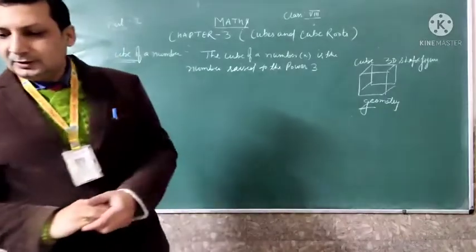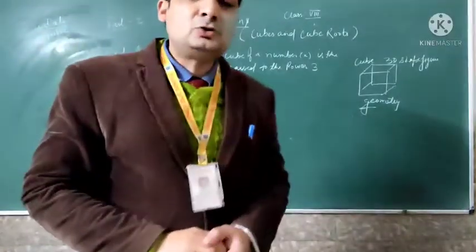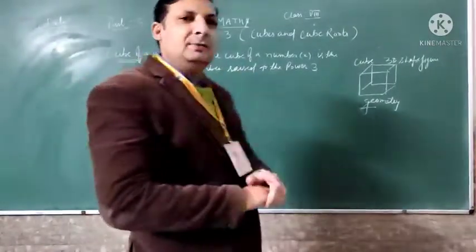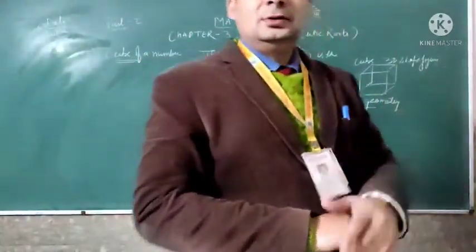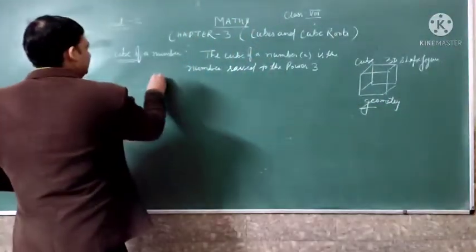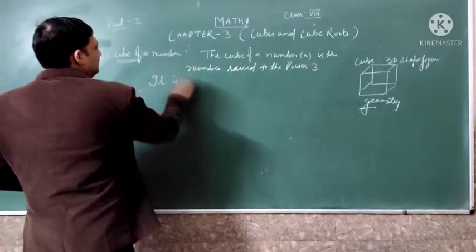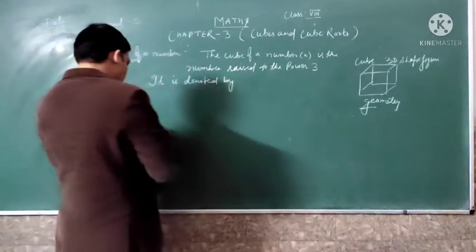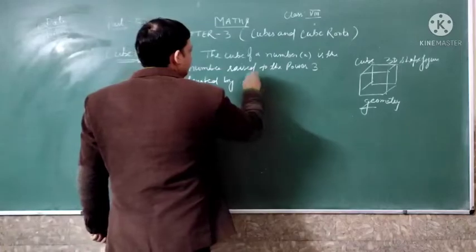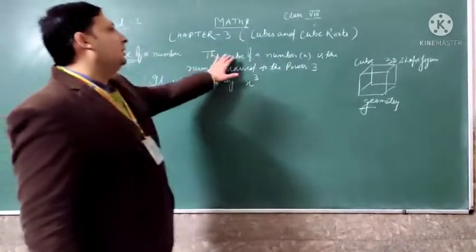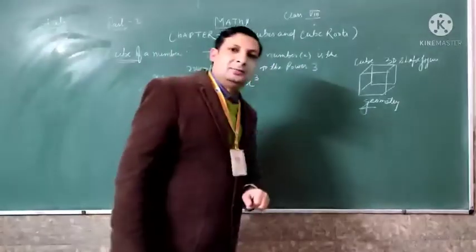Cube of a number is the number raised to power 3. It means whenever we write any number to the power 3, that is called cube. It is denoted by x to the power 3, because I have taken number x.